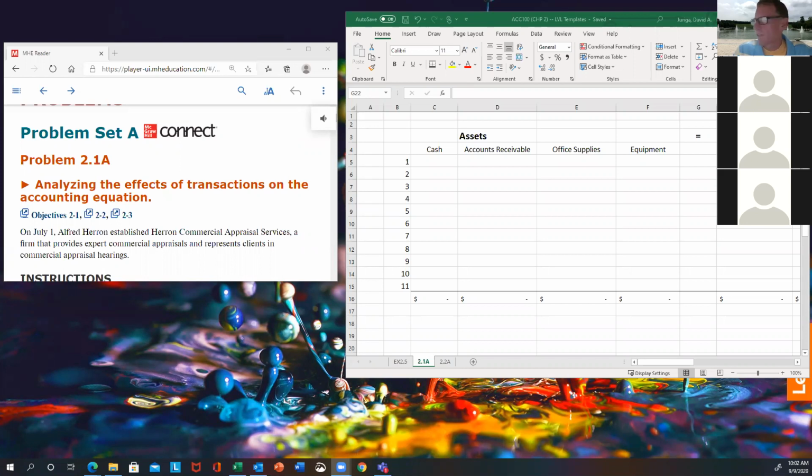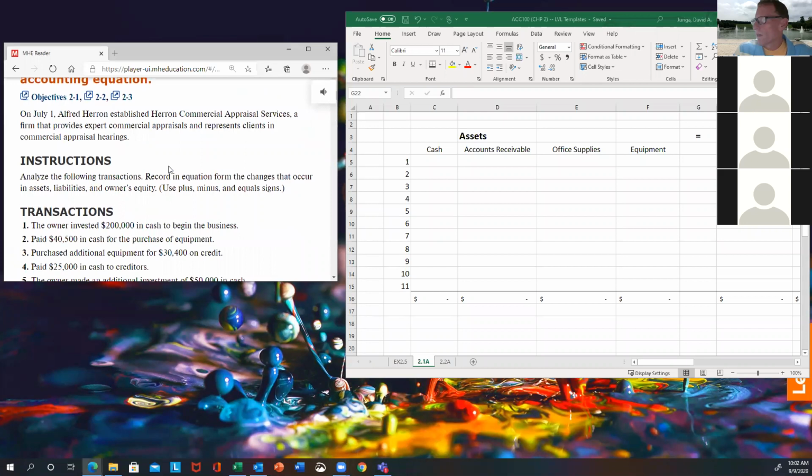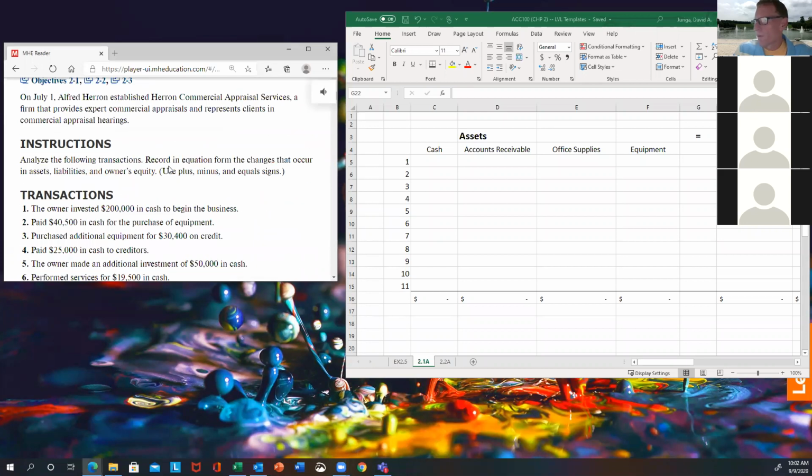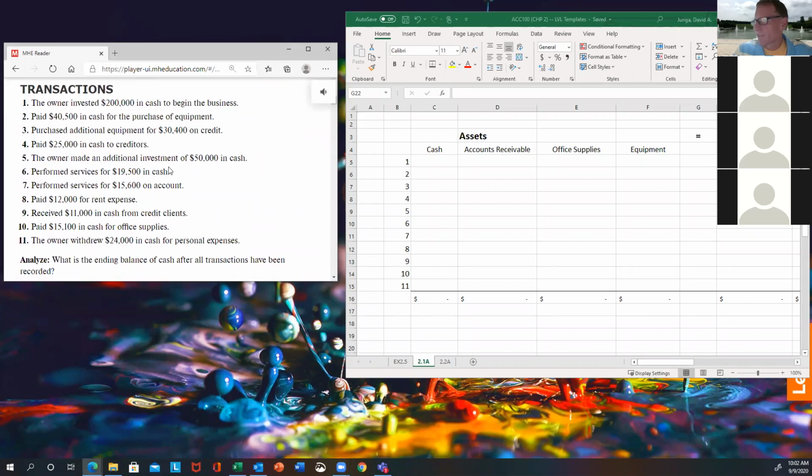As I work, I've got problem 2.1a pulled up here. There are 11 transactions, and I'm going to go back and forth and practice with you how these transactions fit into the accounting equation. Then I'll show you the financial statements. It looks like everybody can see the screen.